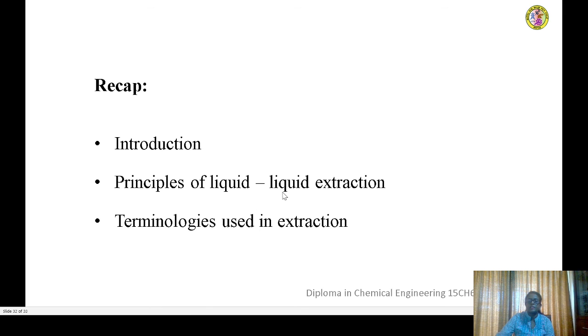All this we discussed along with a few examples. And then under the third part, terminologies used in extraction, we understood two important definitions: distribution coefficient and selectivity. Also, we came to know the significance of these terms in extraction operation.